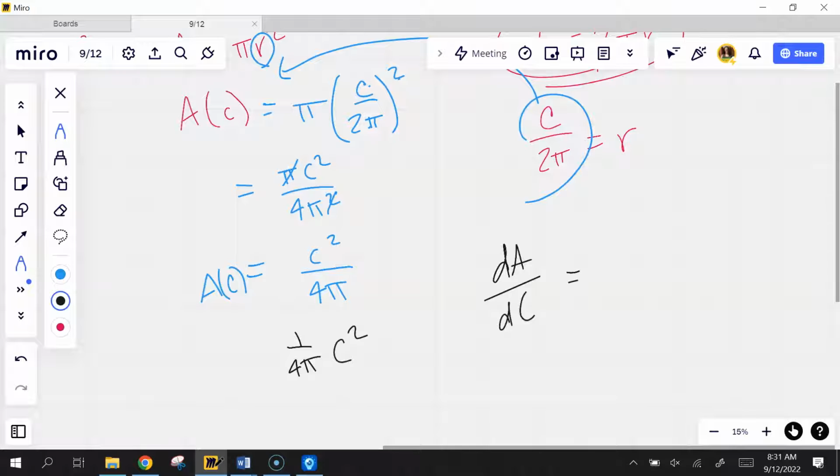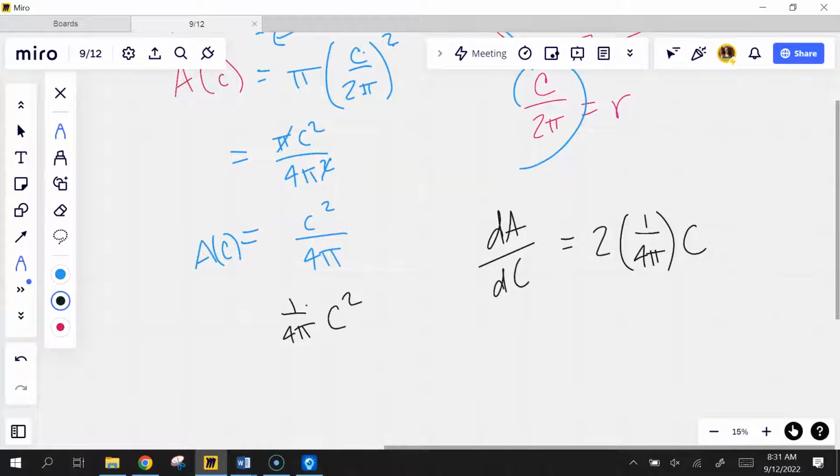So if I do that power rule and multiply by 2, I have 2 times 1 over 4 pi times c, to the first power. 2 over 4 is a half, so I get 1 over 2 pi c, or c over 2 pi, either one of those will work.